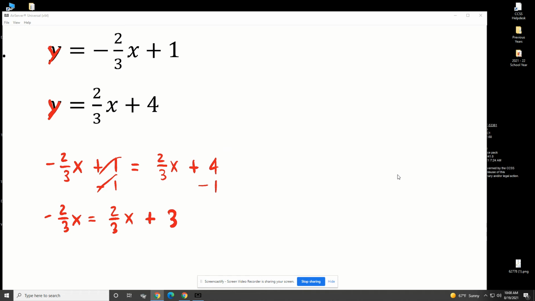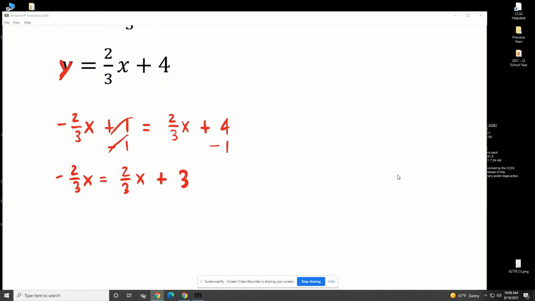Okay, so here we have 2/3 x plus 3 on the right side. So we're going to need to subtract it now to get x alone. So listen, don't stress about this. I know it looks ugly, but you can take your calculator.